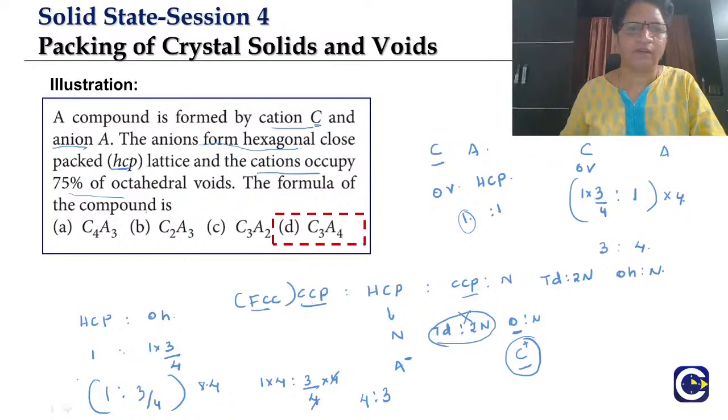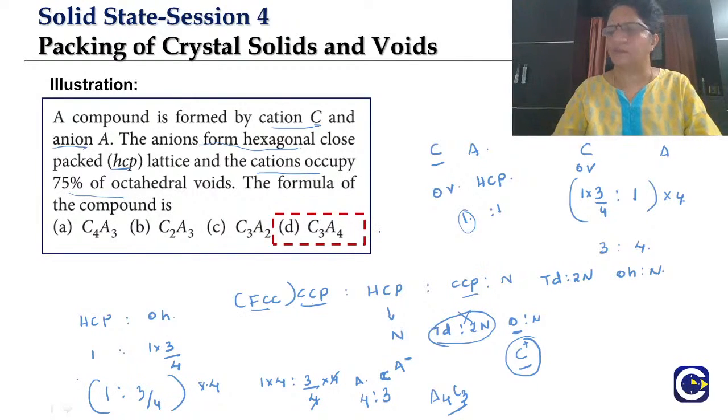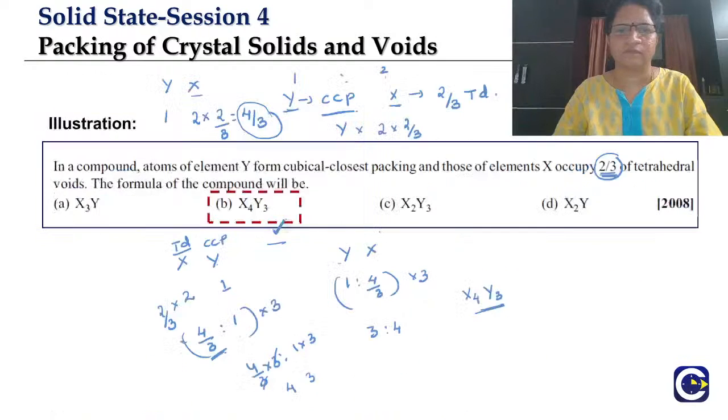Cations occupy octahedral voids. So A4C3 should be the formula. Then the formula is given as C3A4, because we generally write the cation first and anion next. Understood? Fine.